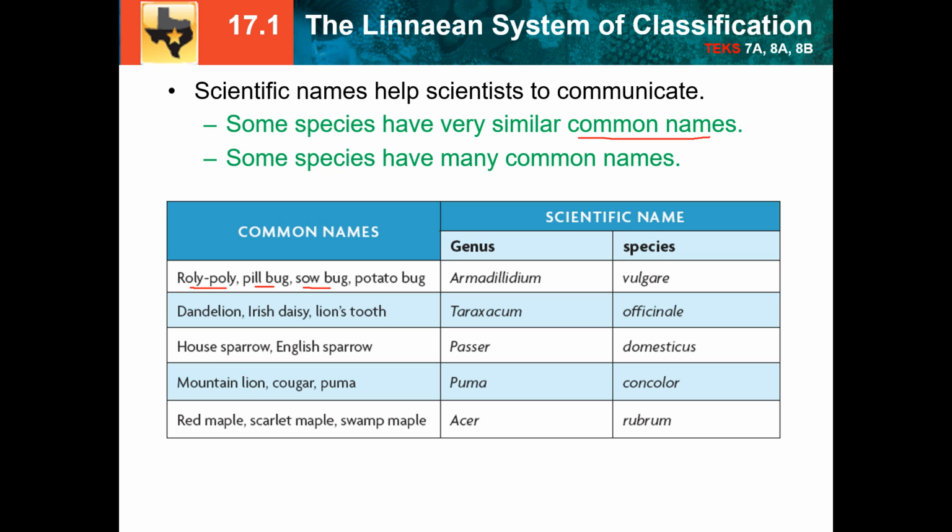So I'm talking to somebody who says potato bug and I'm saying roly poly, and it's like, what are we even talking about at this point? Whereas if you have one specific scientific name, we're all on the same page. And these are examples of genus, species, capitalized, lowercase.